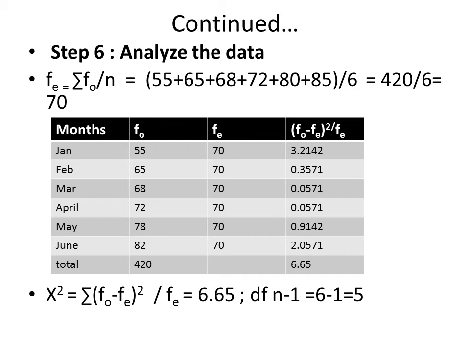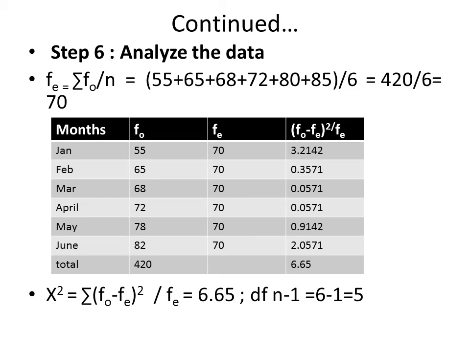Now step number 6, analyze the data. First of all, we need to find out the expected frequency. The formula to find out the expected frequency is summation of FO divided by n. Putting the values in this, we get FE is equal to 70. Now pay attention to the table.